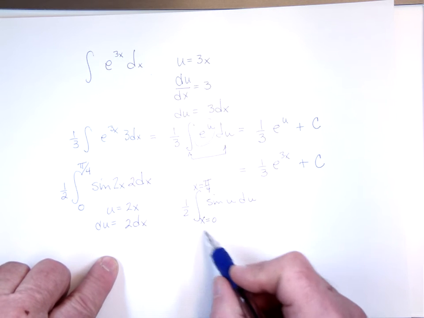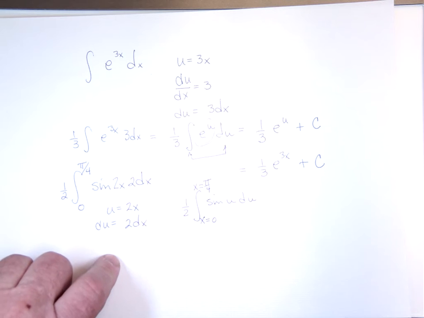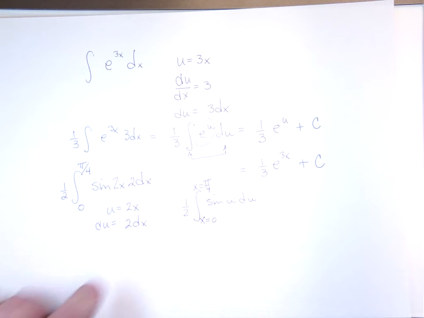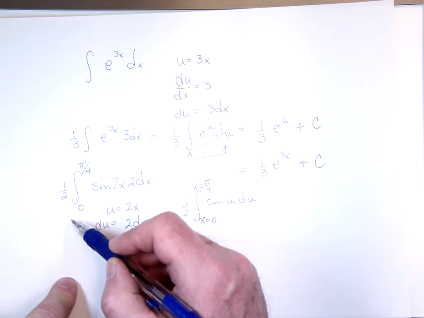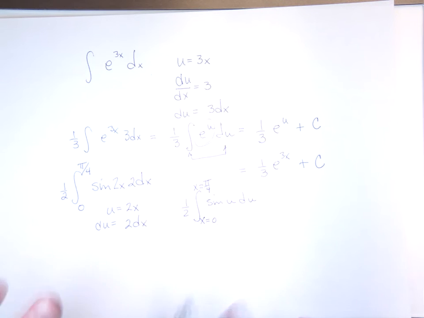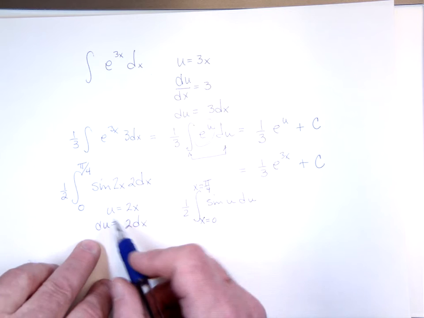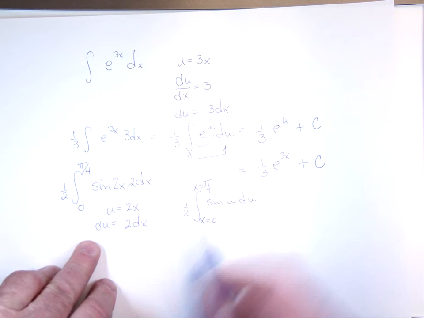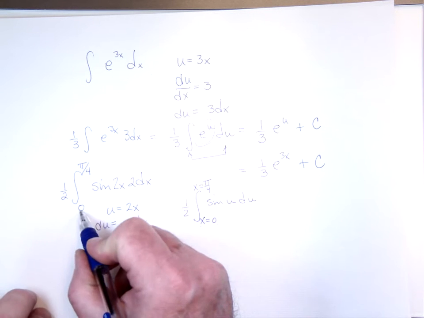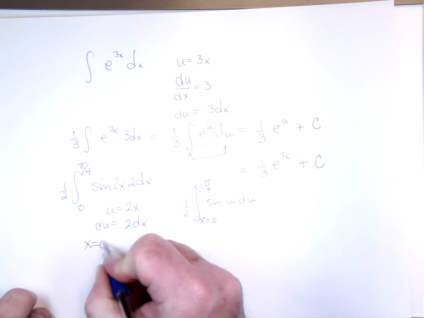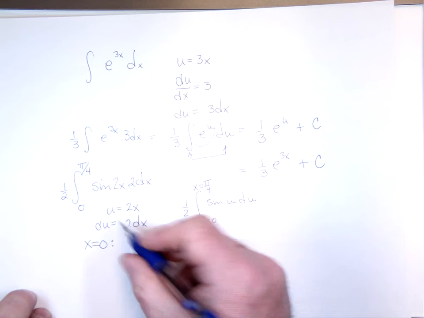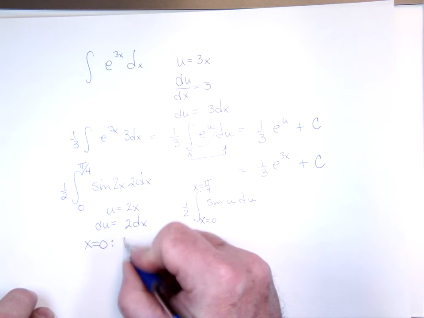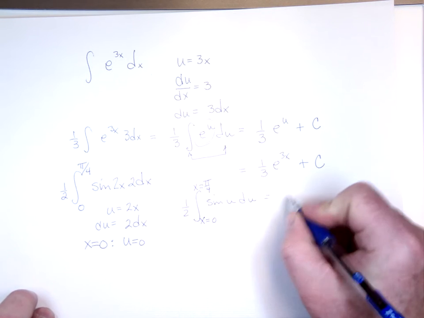I have another choice, though. I could have changed these limits of integration to be u limits. Can you just do that? Yeah, I can do that. Let's do it right now. So I can do it either way. When x is 0, what's u? 2 times x, u would be 0. So I could have done it this way, changing the limits. When x is 0, u is 0.